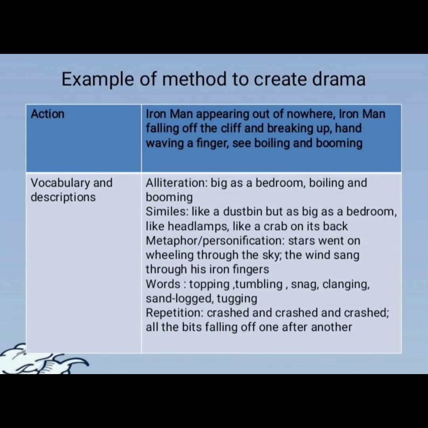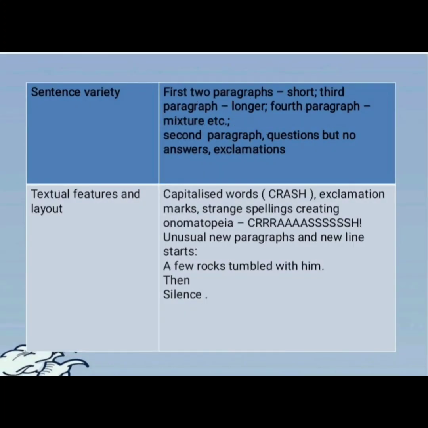Second is use of vocabulary and descriptions like alliteration, similes, metaphor, personification, exciting words, and repetition of words. Third is the use of variety of sentences like short and long sentences, questions, statements, and exclamations.